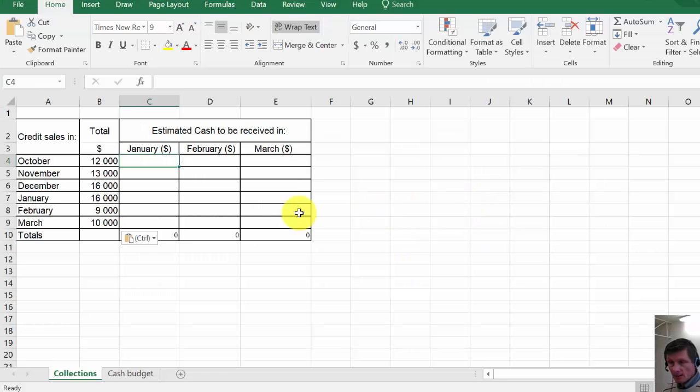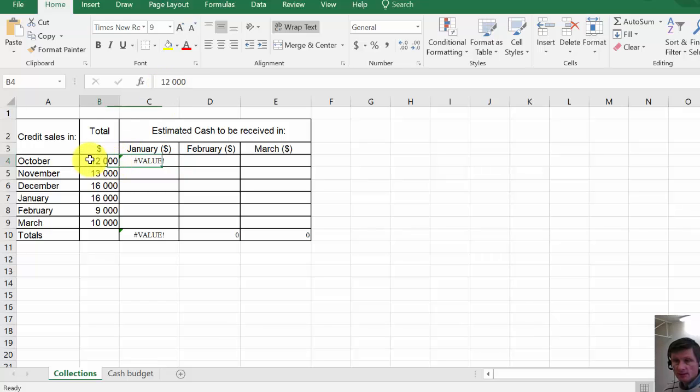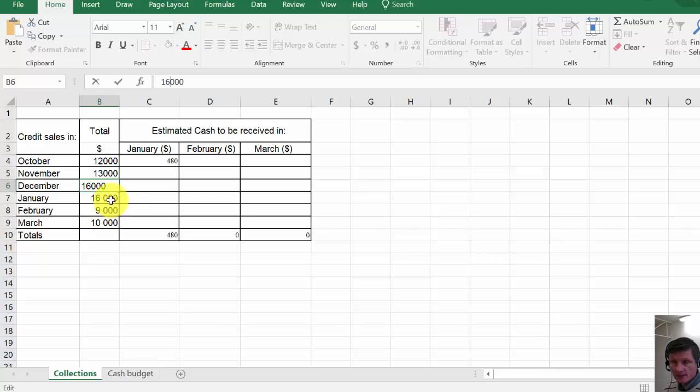Okay. So in October, the third month from October is January, so that's going to be that multiplied by 4%. Okay, that's 4%. It doesn't like it for some reason. That is because it's got these spaces in it when I copied it from Word. How annoying. Anyway, I'll quickly sort that out.